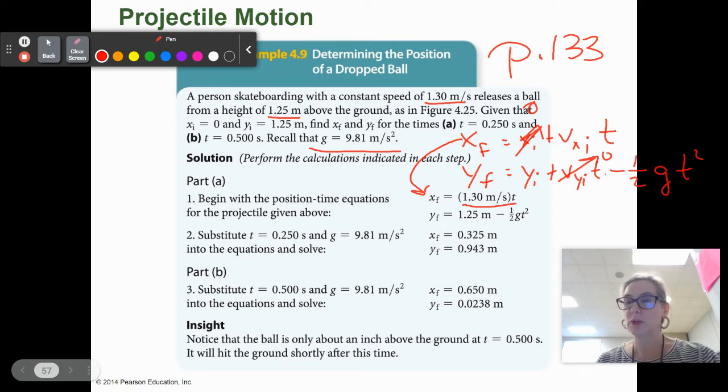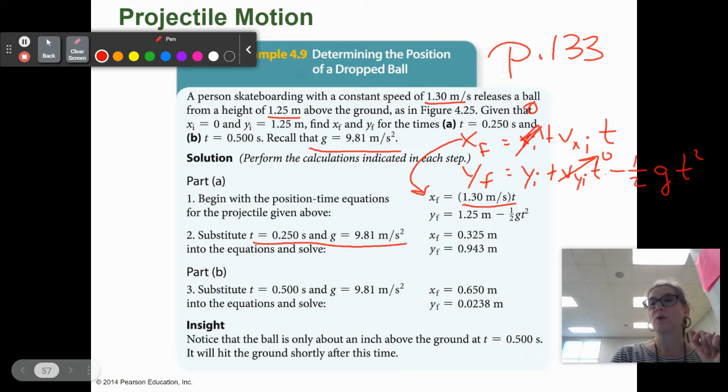And so then we're just going to plug those numbers in. So we're going to plug in 0.25 and a g of 9.8 meters per second squared. So 0.250 times 1.3 gives us our 3.25. And then we have 0.5 times 9.8 times 0.25 squared. And then we're going to subtract that from 1.25.